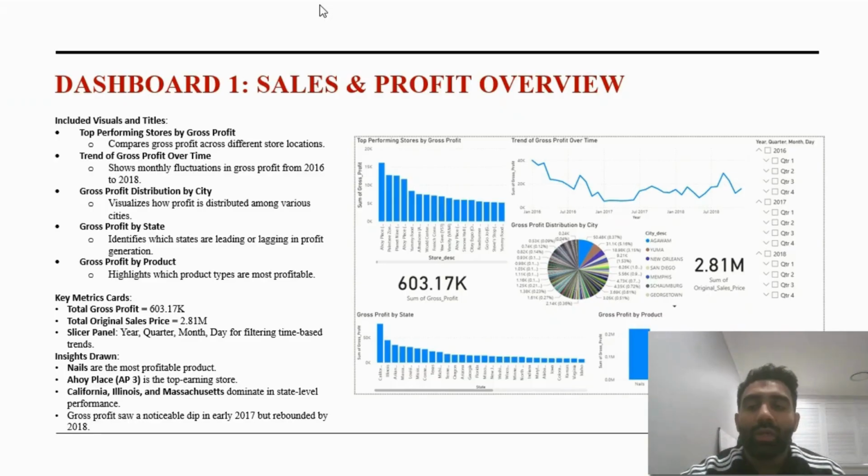According to the insights drawn, nails are the most profitable product. Ahoy Place is the top earning store. California, Illinois, and Massachusetts dominate in state level performance, and gross profit saw a noticeable dip in early 2017 but rebounded by 2018.